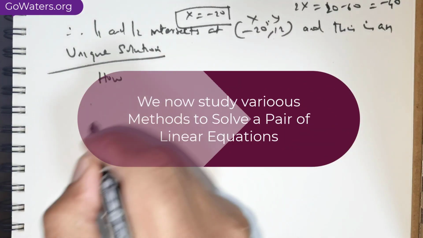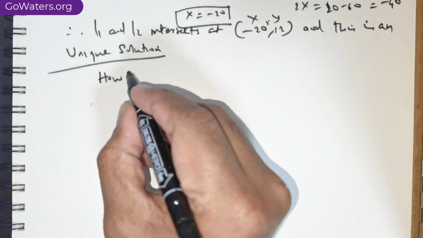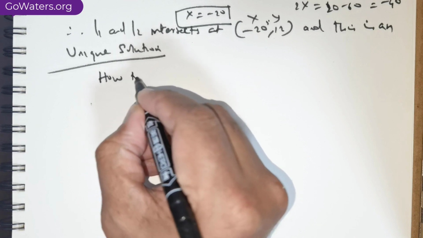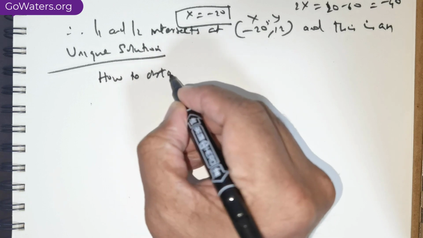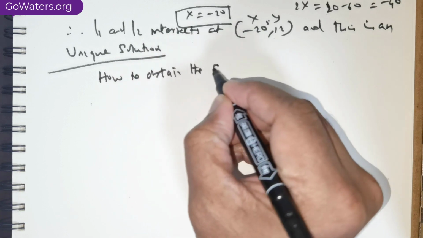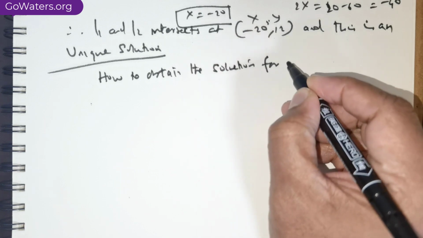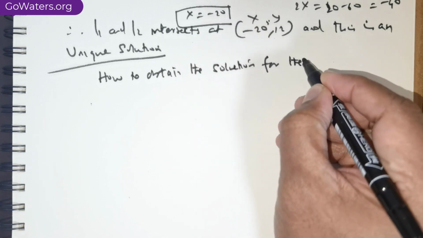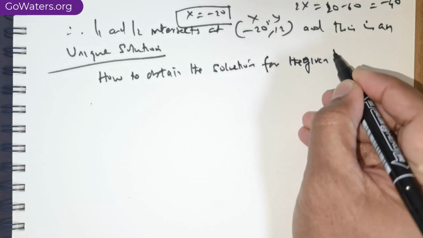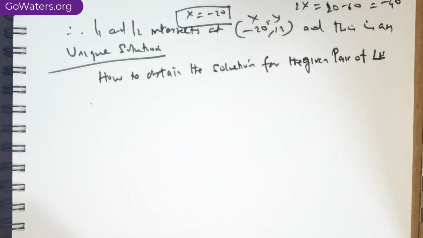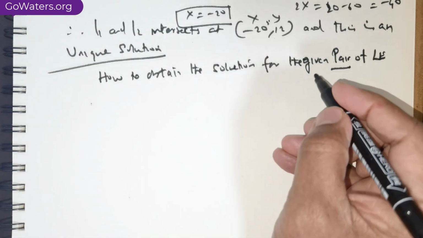Welcome students. In this class we will learn in detail as to how exactly we can obtain the solution for the given pair of linear equations. So remember, the key word is pair. Now why do I stress this?